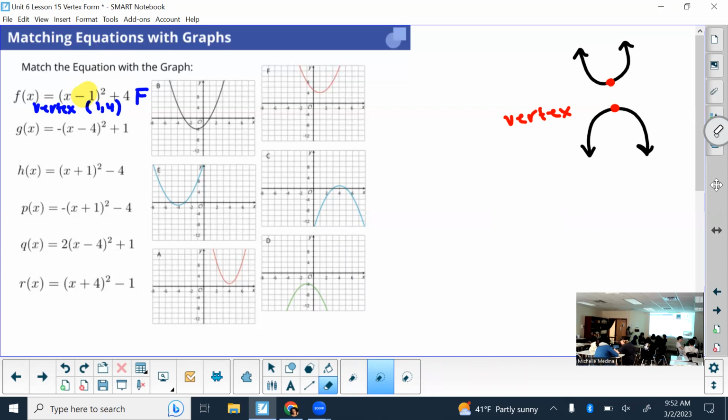So when we look at all our options, another thing you could look at to eliminate is whether A is negative or not. I don't know if you remember lesson 12, but what happens if A is negative? That number in front of the x squared.